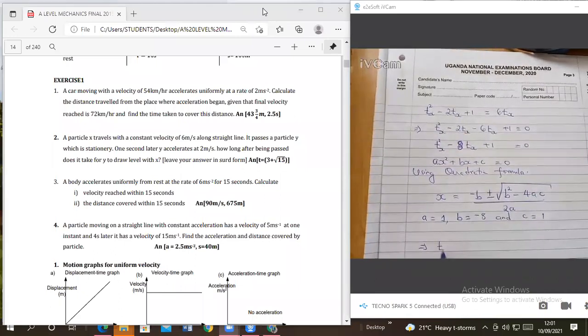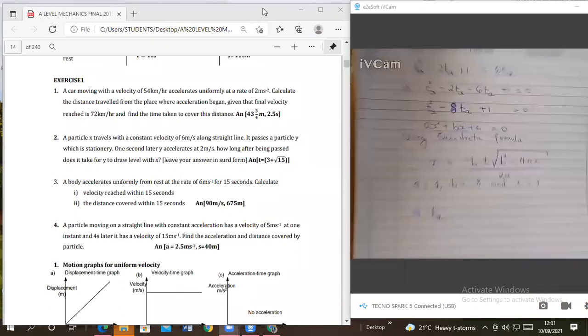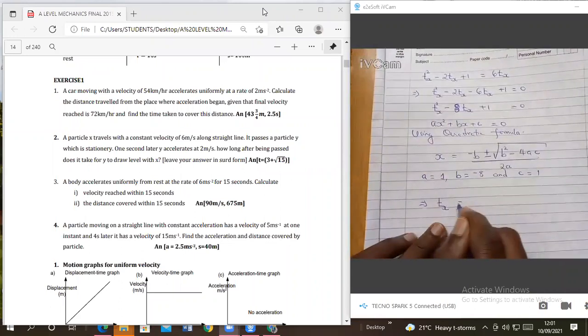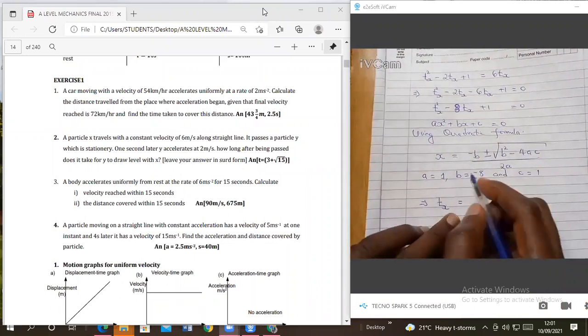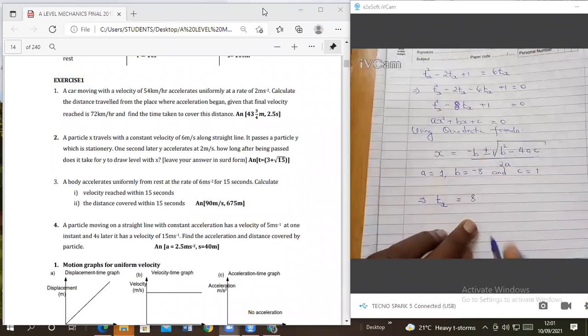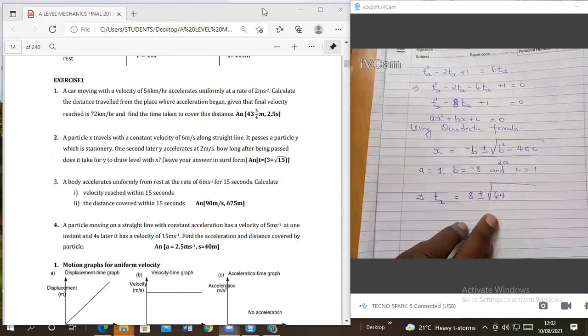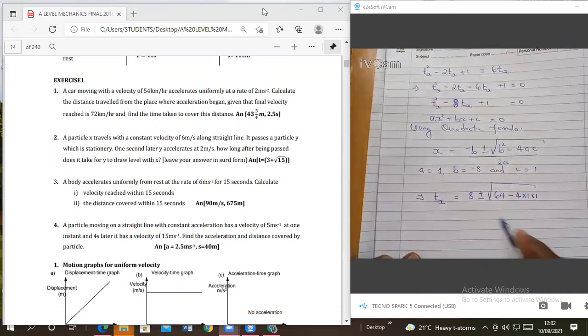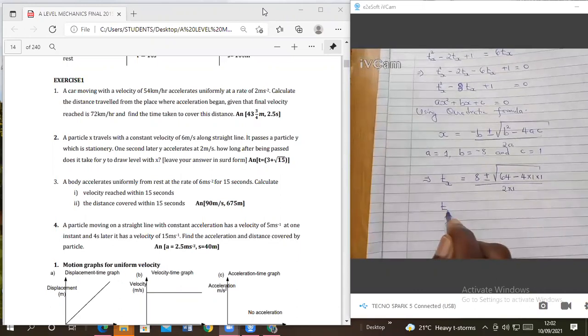So now we shall have tx, because our quadratic equation was in terms of tx, equals negative times negative 8, which gives a positive 8, plus or minus the square root of negative 8 squared, which is 64, minus 4 times 1 times 1, over 2 times 1.